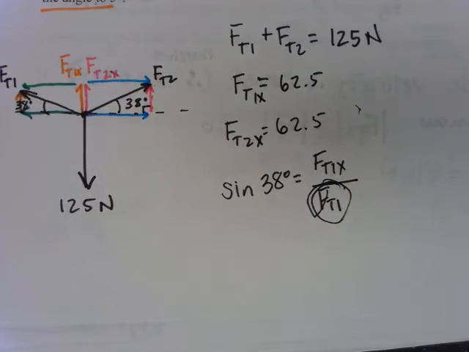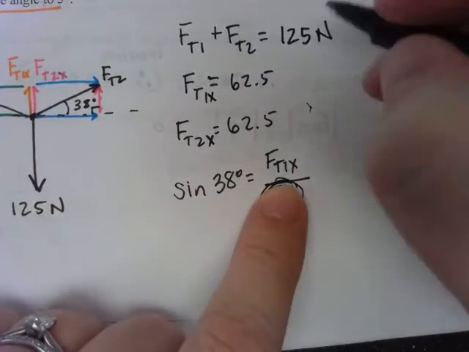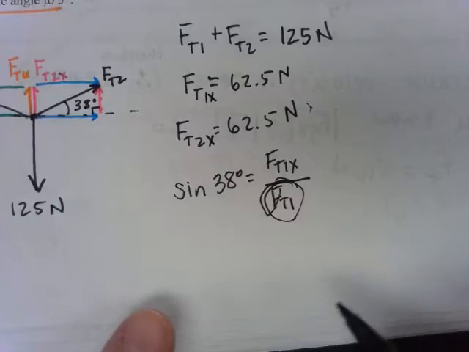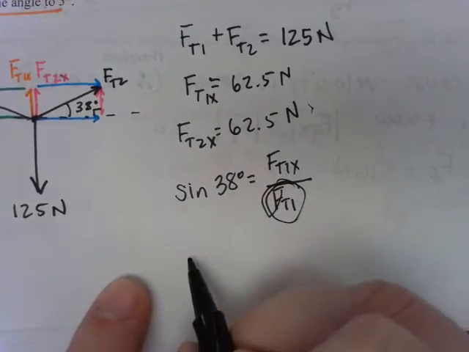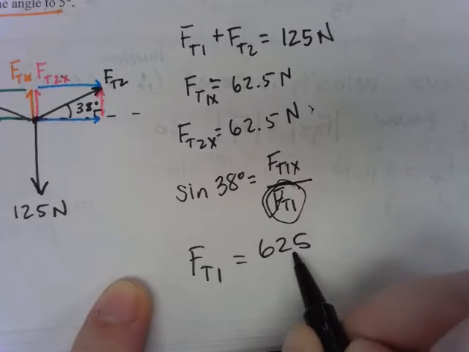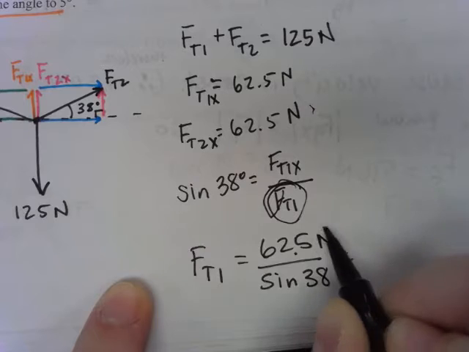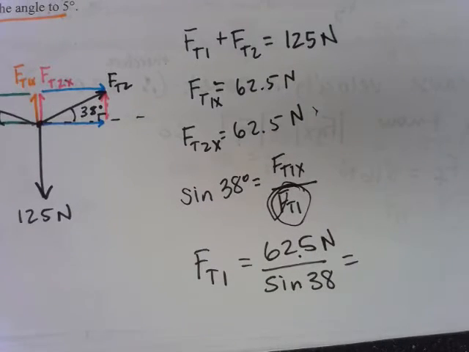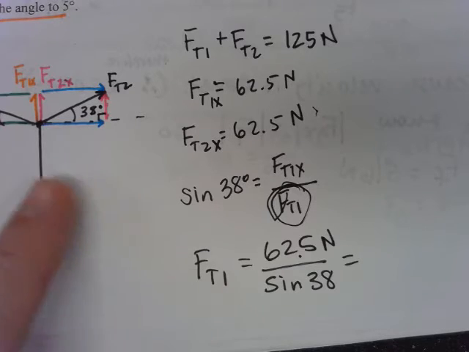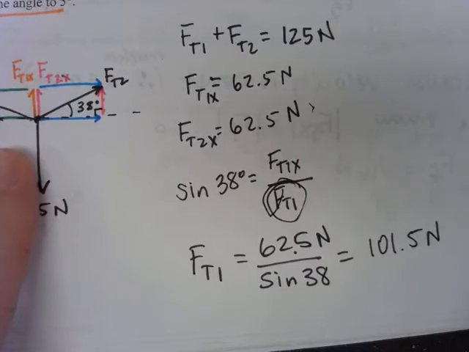Worst circle ever. And we know that this guy is my 62.5 newtons. So FT1 equals 62.5 divided by sine 38. We're expecting a number to be larger than 62. I got 101.5 newtons.